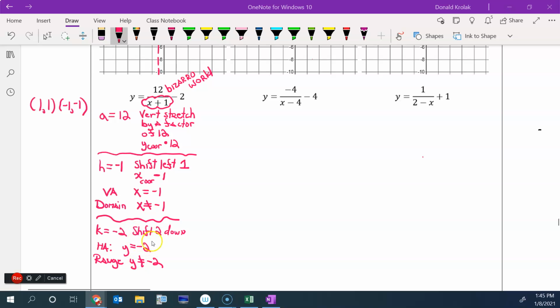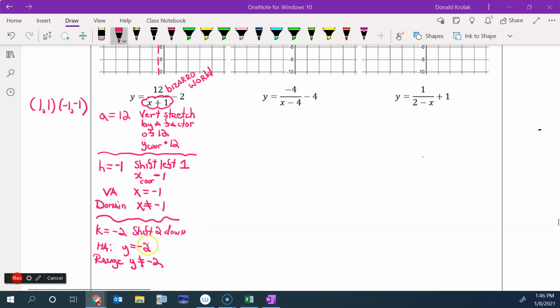Anytime, this is important, folks, anytime you've got 2 transformations that are working in the same direction, this affects the vertical and this affects the vertical, you do the one that is multiplication first. So when I get ready to do the vertical stuff, I have to do this multiplying by 12 before I do this -2. Because these are competing transformations and multiplication trumps addition or subtraction.